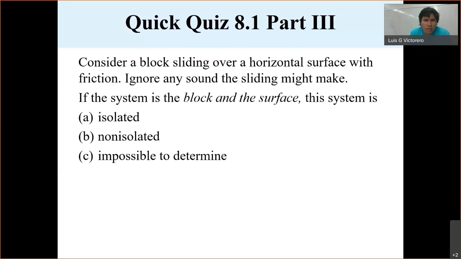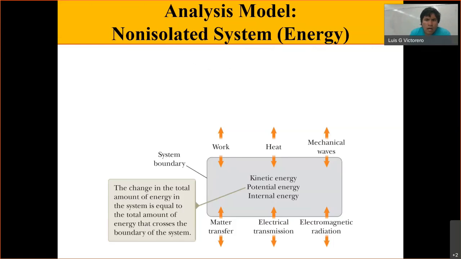Here I think we should have put ignore the friction as well. So if we ignore the friction and the sound, then it is isolated, so I have to correct that question.